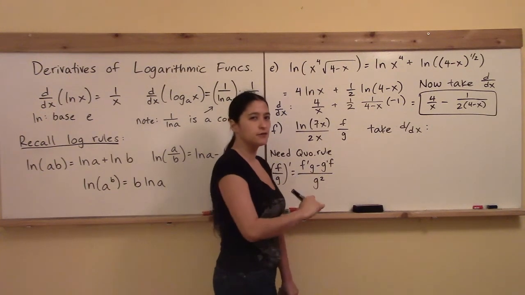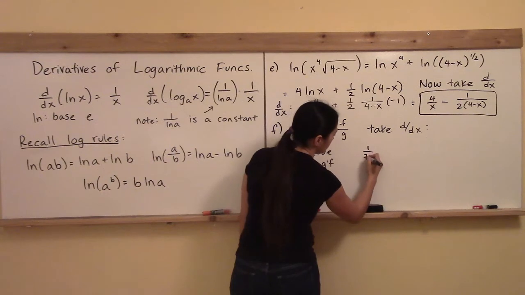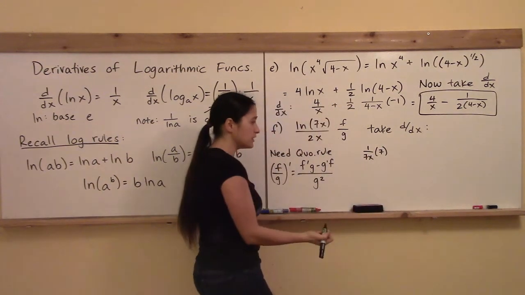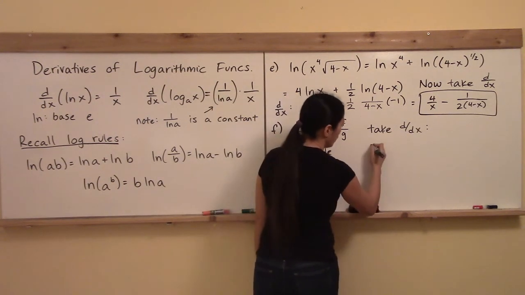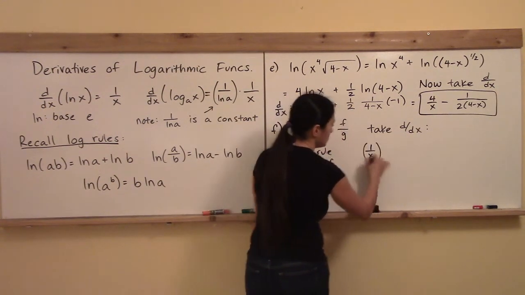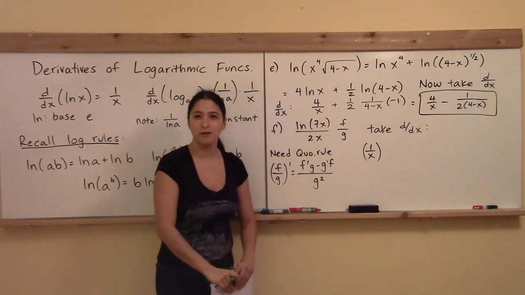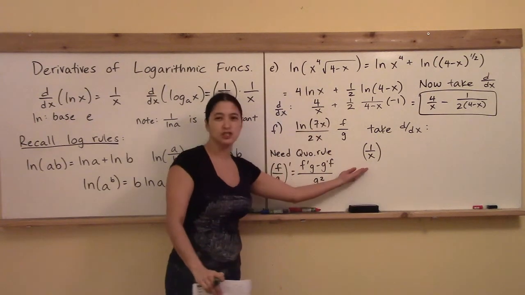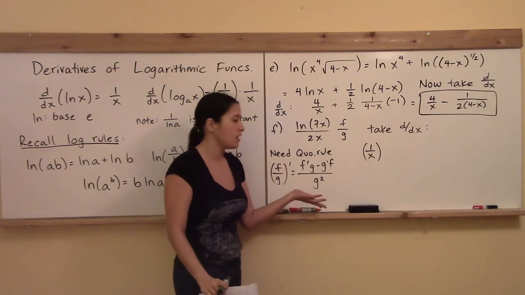Kind of like our first example, example A, the derivative of log of 7x is going to be 1 over 7x, but times 7. So really, the derivative of log of 7x is just 1 over x. That's right, the derivative of log of 7x is just 1 over x. The derivative of log of any number times x just goes down to 1 over x because the number just cancels itself on top and bottom.